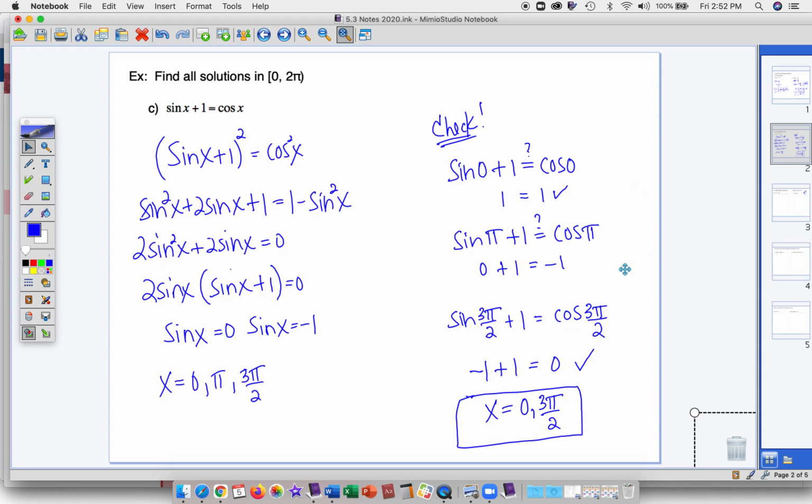Makes sense. When I plug in pi, I get positive 1 equal to negative 1. That does not make sense. And when I plug in 3 pi over 2, I get 0 equal to 0. So I have two solutions, right, when x is equal to 0 and when x is equal to 3 pi over 2.